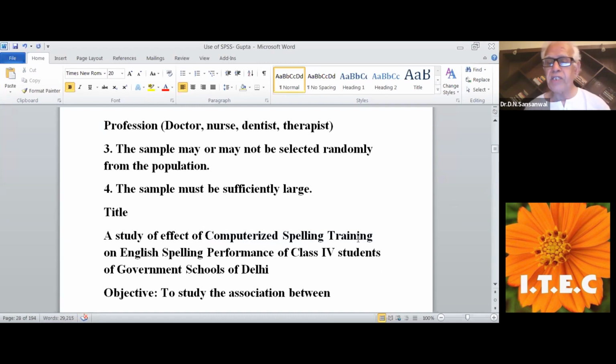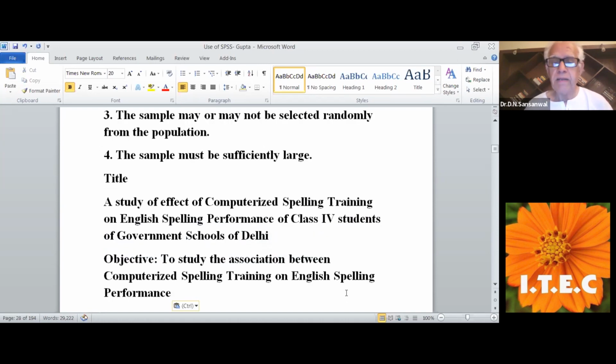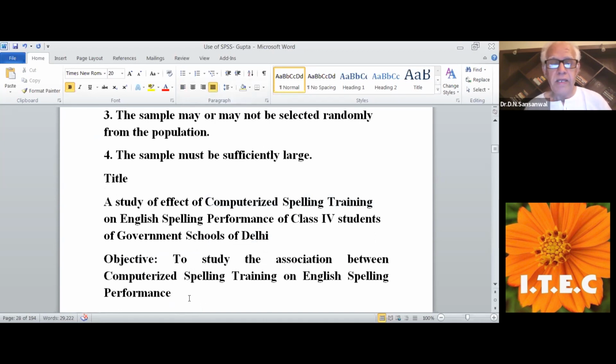And computerized spelling training on English spelling performance. So therefore it is the association between computerized training and performance of students.